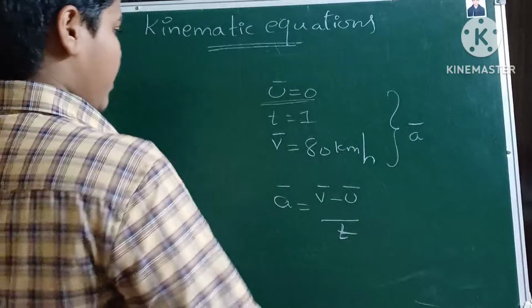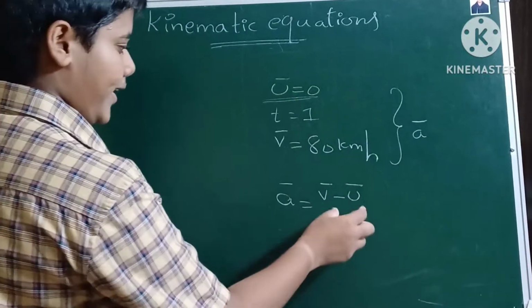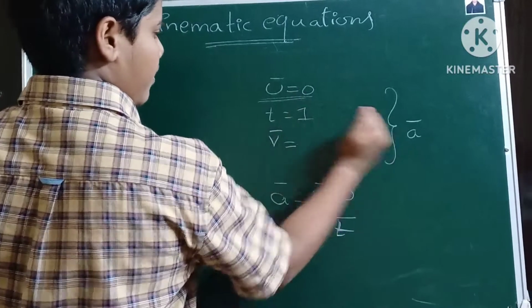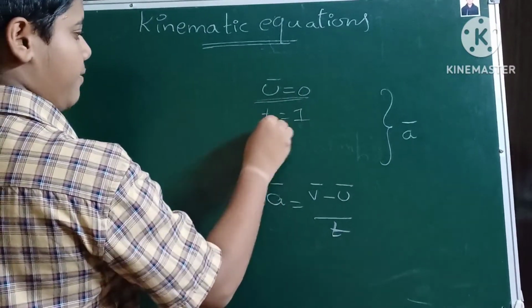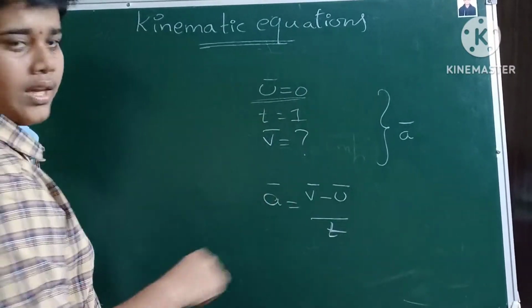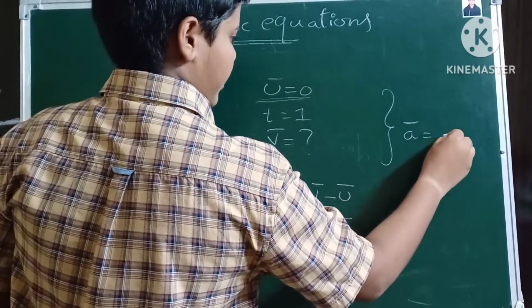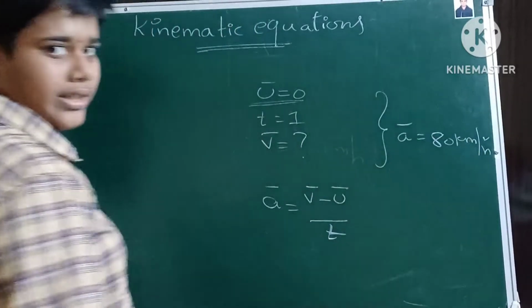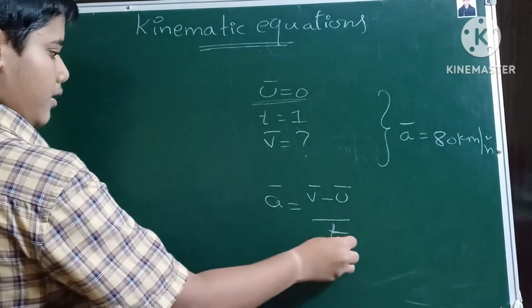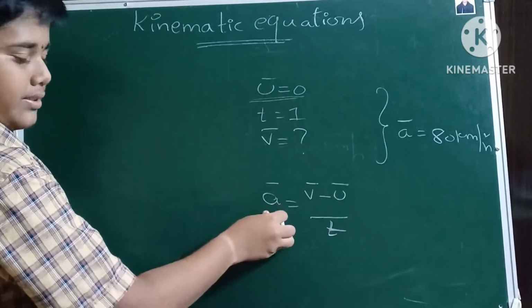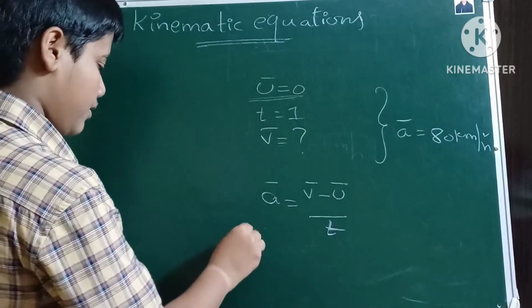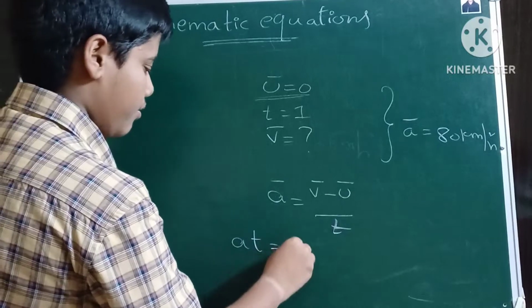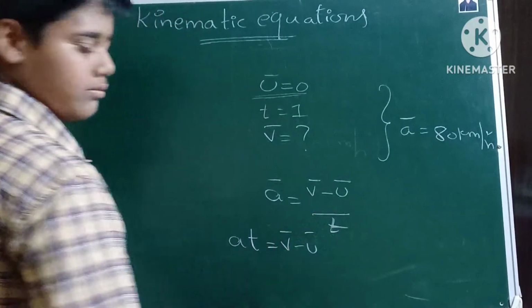Now they ask to find the final velocity, and they gave acceleration as 80 km per hour square. We transfer time to this side, so A into T, 80, is equal to V bar minus U bar.